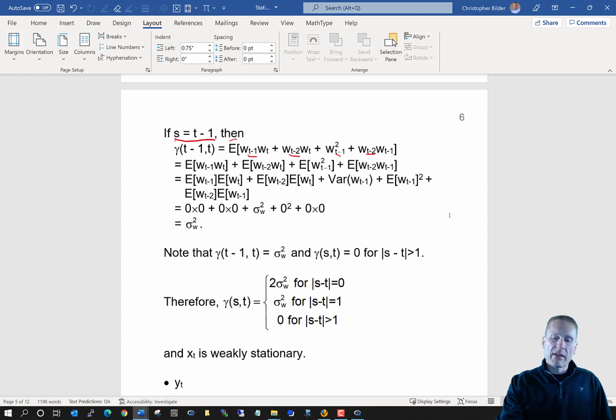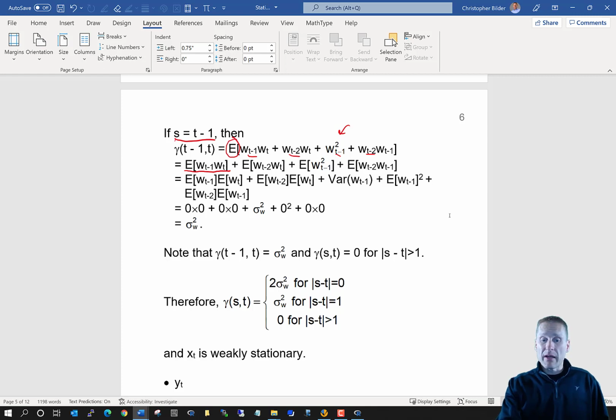Now, with this expected value here, again, I can bring it inside the sum. I can then put together, for example, we will have two w_{t-1}'s there, so that becomes a square. Similar to what we just got done seeing here, I have two w's. The subscripts don't match up, and I know these w's are independent, so I can bring the expectation inside the product itself.